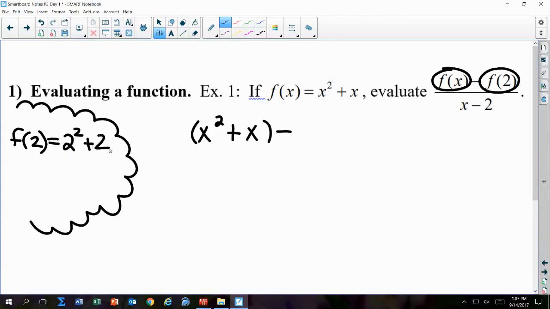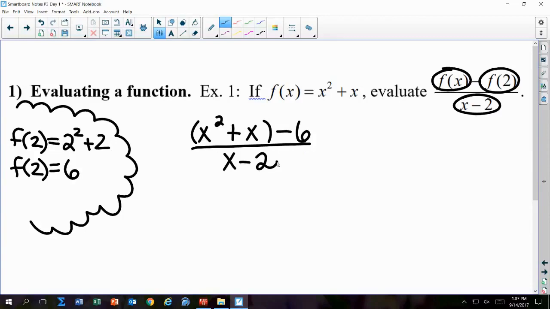See how everywhere there was an x, now there's a 2? So that would give me an f of 2 value of 6, right? So when I want to sub something in for f of 2, I'm going to substitute in 6 over x minus 2.